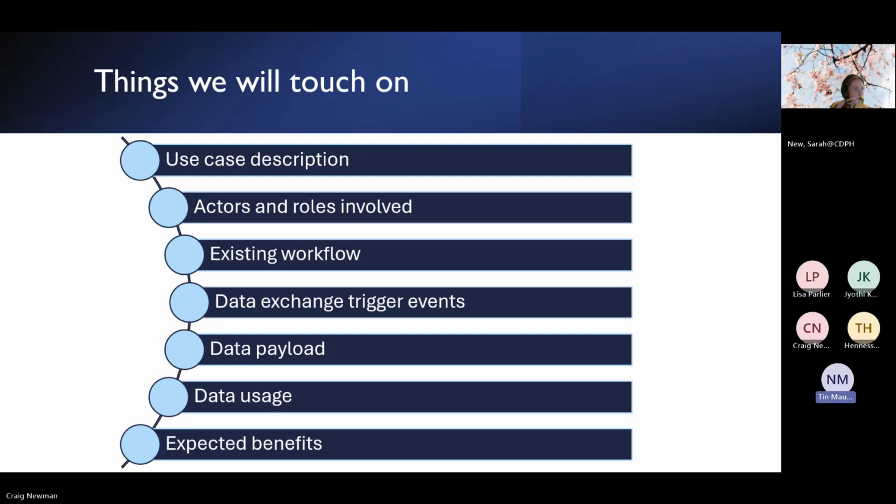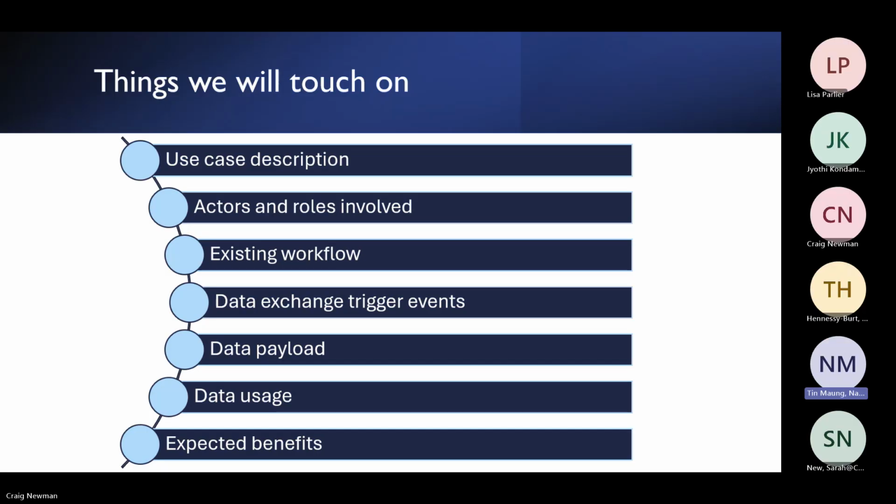Yeah, I guess I can start, and then please jump in with anything that I miss. So for hepatitis C surveillance, the reportable conditions are acute, chronic, and perinatal conditions.